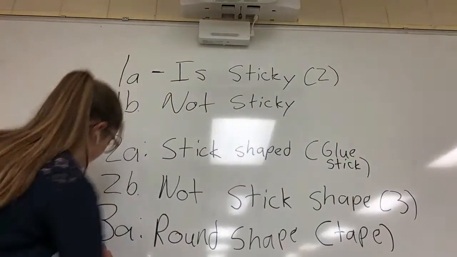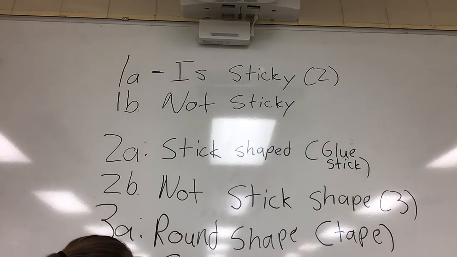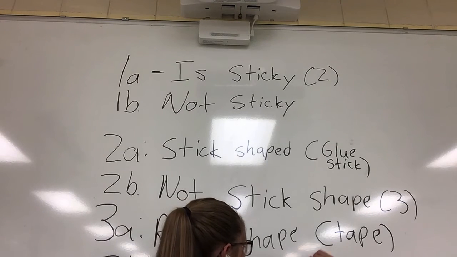Then for 3b, which again you can't see because it's below, and I'll show you in just a second, if it is square, then it is a Post-it.